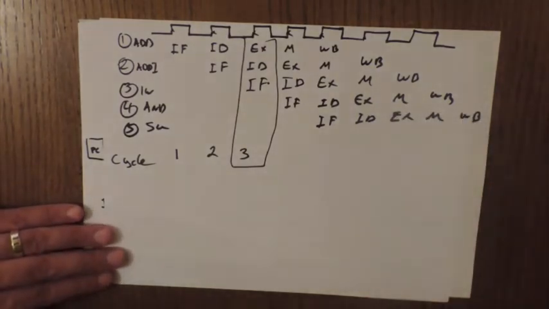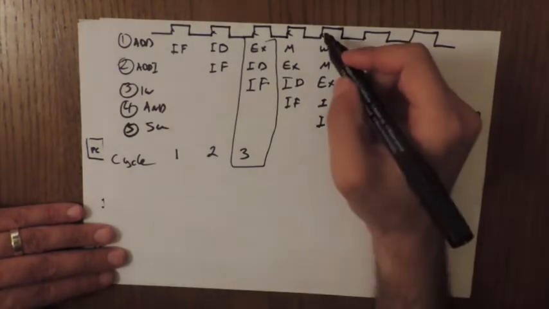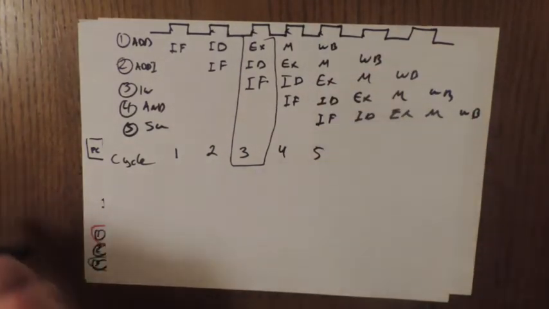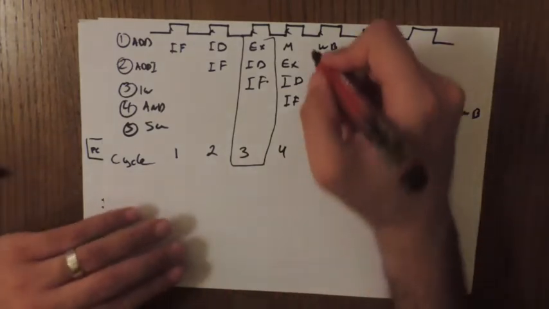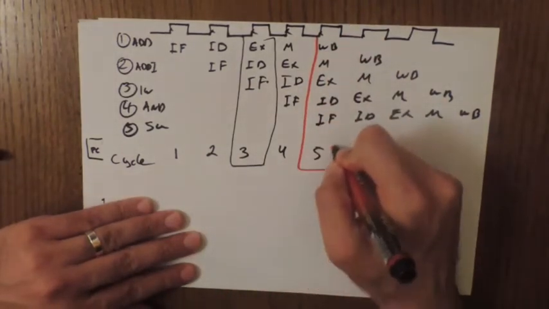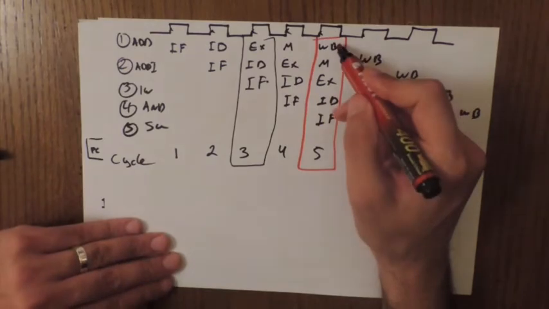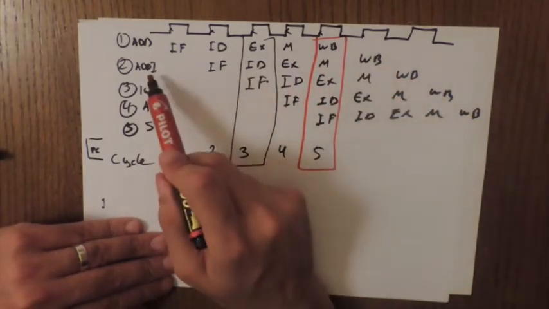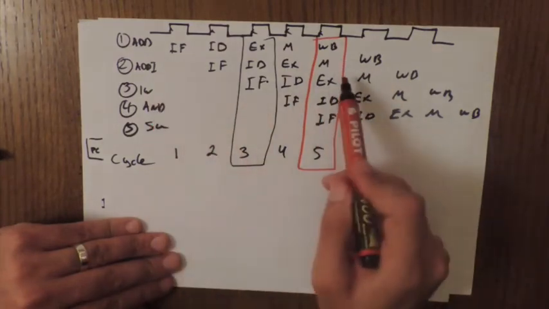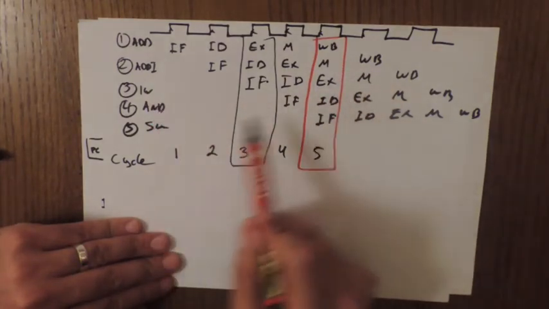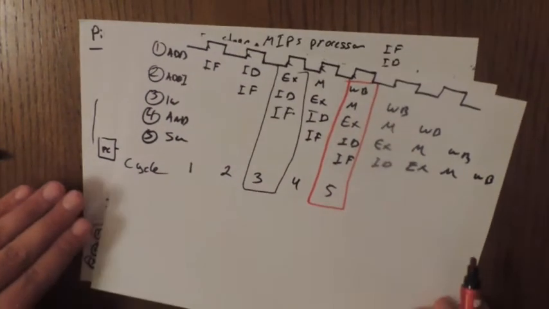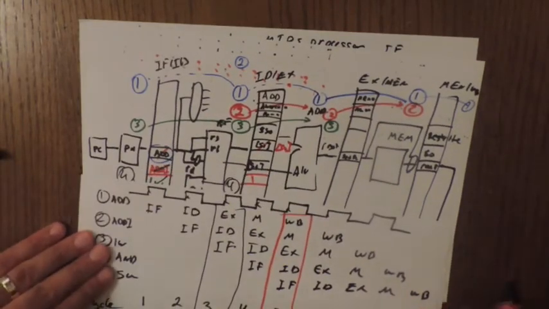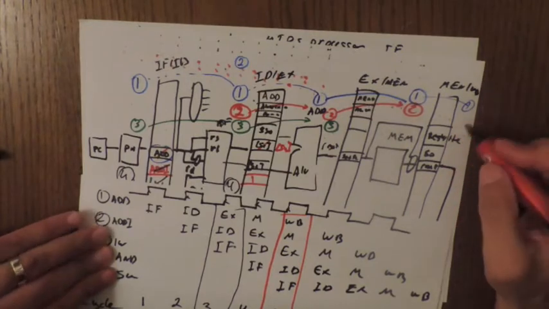So this is cycle number 4, this is cycle number 5. At cycle number 5, we have instruction 1 at the write back stage. We have add I at memory, load at execute and at ID, and store word at instruction fetch. If we look at this image here, we see this is the add.